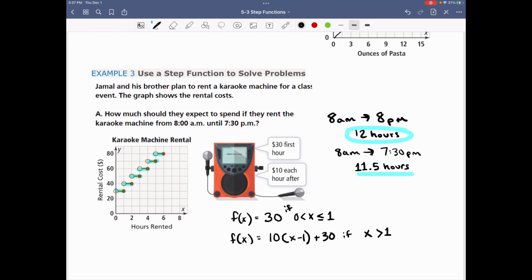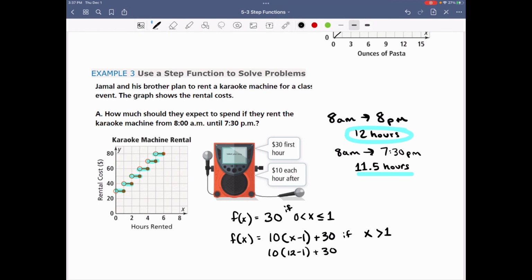Now let's figure this out. If we're going to rent it for 12 hours, because it's basically 11 and a half, we want to use a ceiling function, then we would have 10 times the 12 hours minus 1 plus 30.